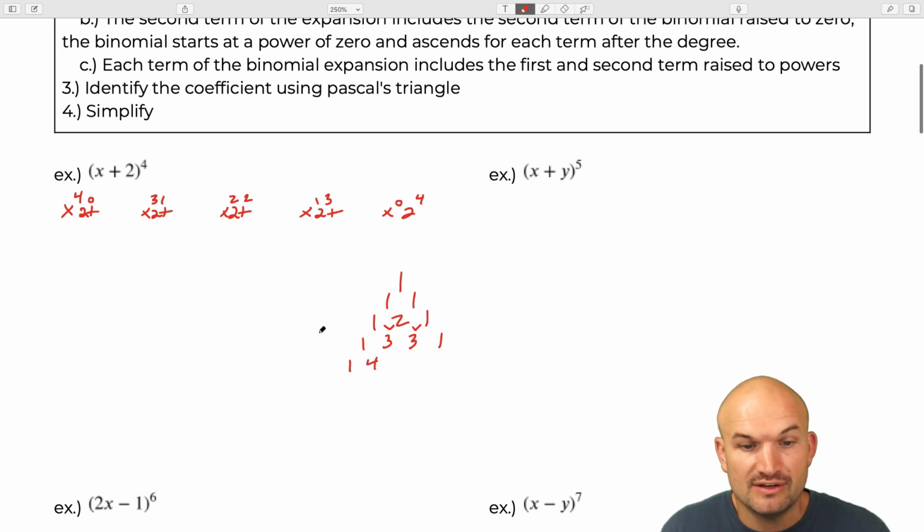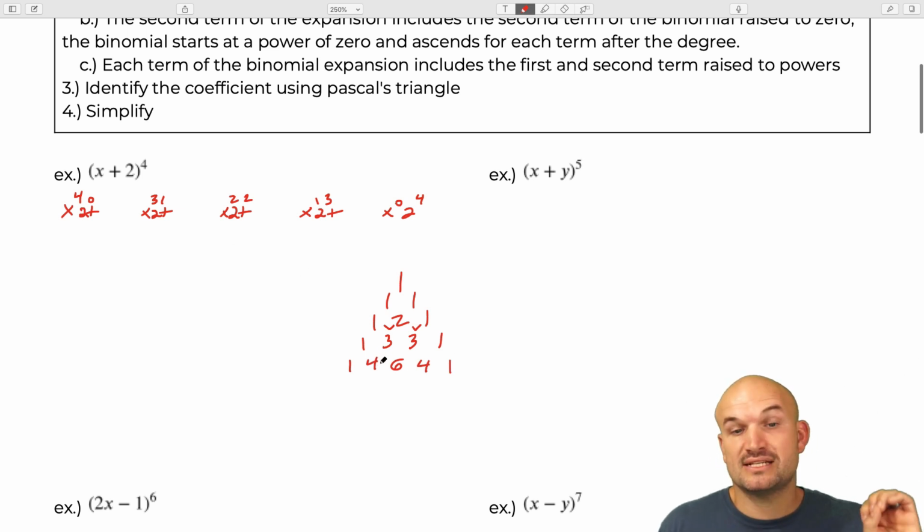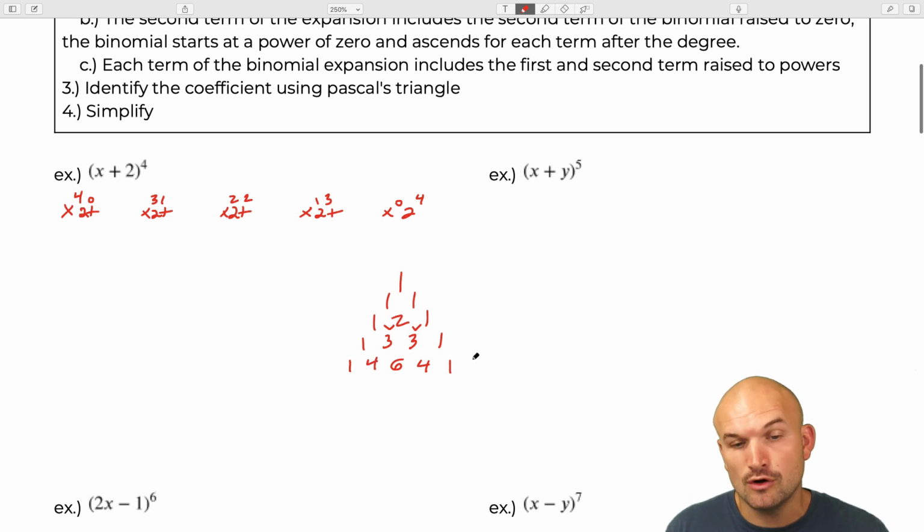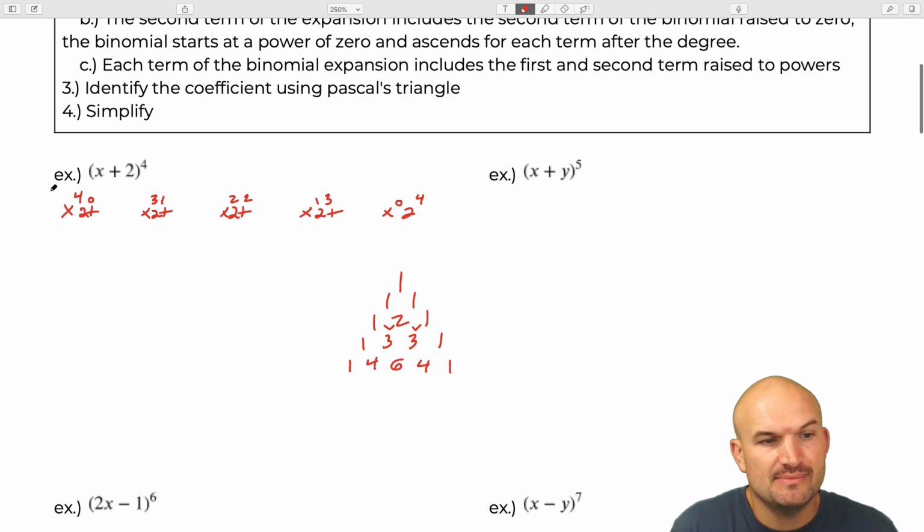We're looking for the fourth row, 1, 4, 6, 4, 1. Whatever the power is will be the second term of your row for binomial expansion. So these are going to be my coefficients, and I'm going to put them in parentheses just so I can remember that they are the coefficients from Pascal's triangle.